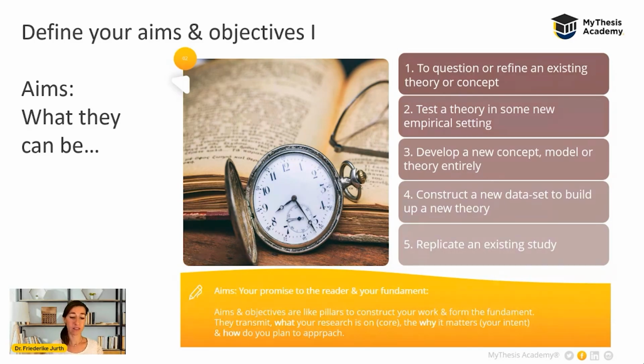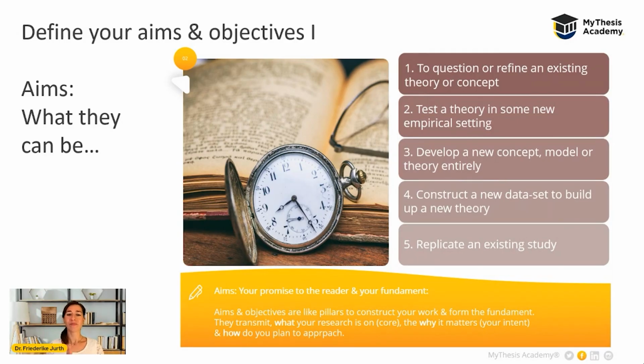They are building the fundament, and they transmit first what your research is about, like the core of your research, and also why it matters. So what will be your contribution, your intent? And last but not least, how do you plan to approach? This, once again, is also very important. So the why, the what, and the how.